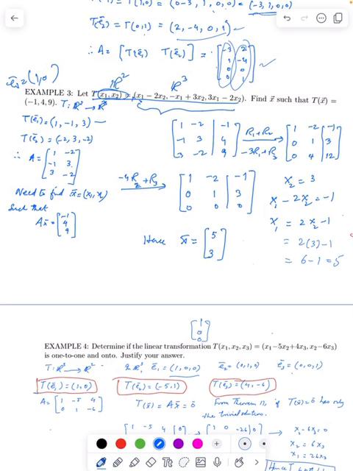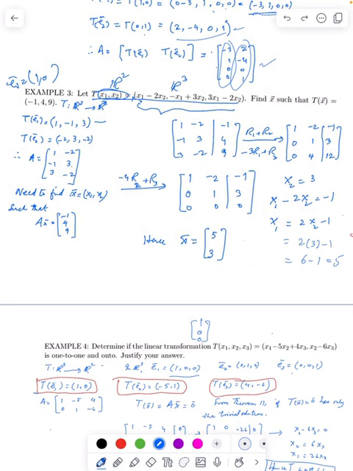So what this question is saying is find x such that T of x is equal to that. Remember, T of x we have defined as A times x. So we need to find x such that Ax is equal to (-1, 4, 9). What does that mean?